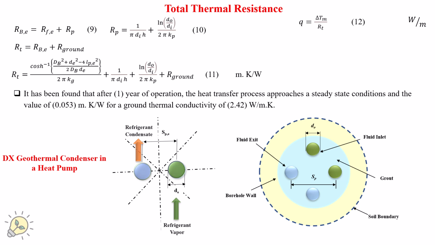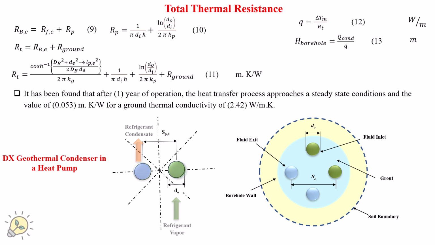We have the heat loading, which is equal to delta T mean divided by R total, and the units will be watt per meter, and delta T mean represents the mean temperature difference between the condensate or the refrigerant inside the tube and the soil.